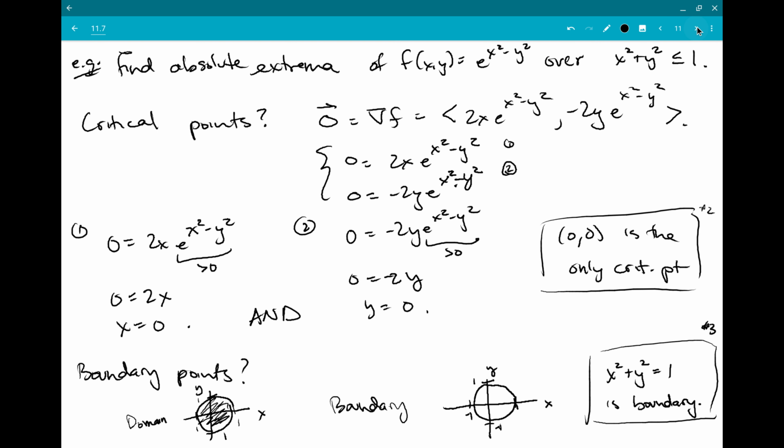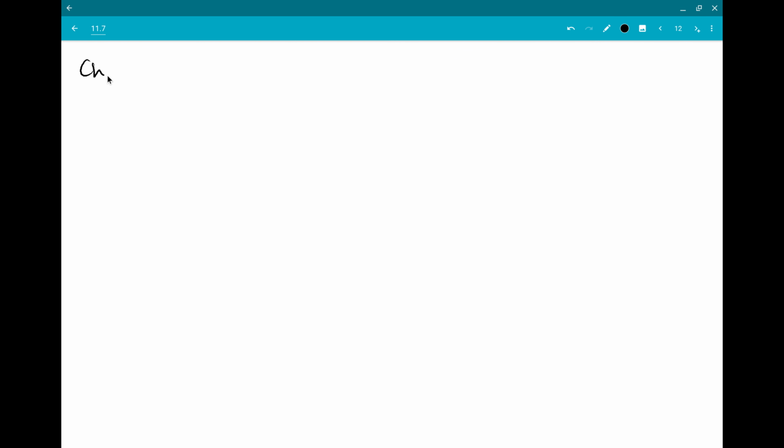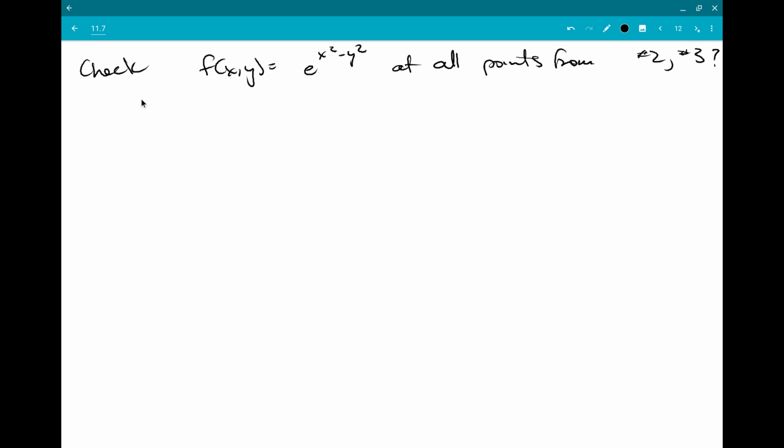And now my last part is to just check the value of f of xy equal to e to the x squared minus y squared at all points from my two different parts. And those points were 0, 0, or x squared plus y squared equals 1.